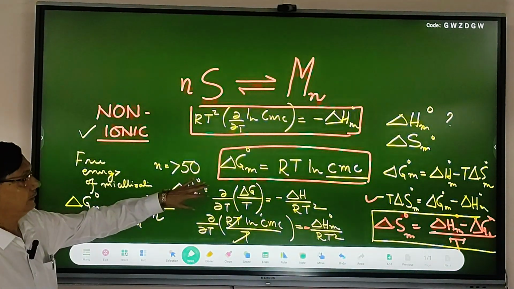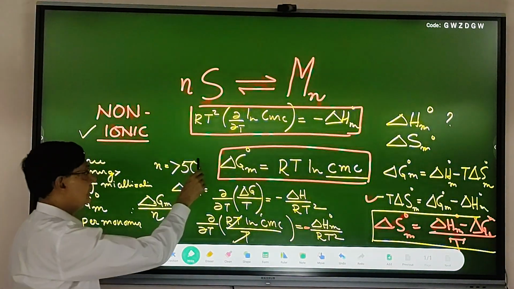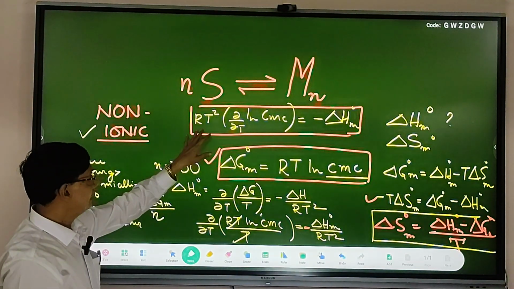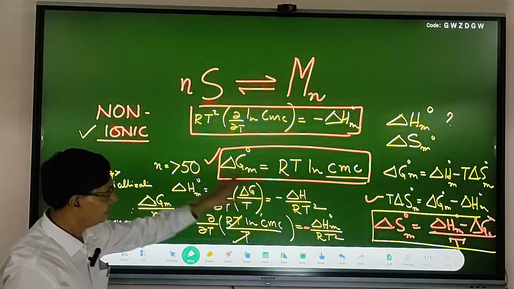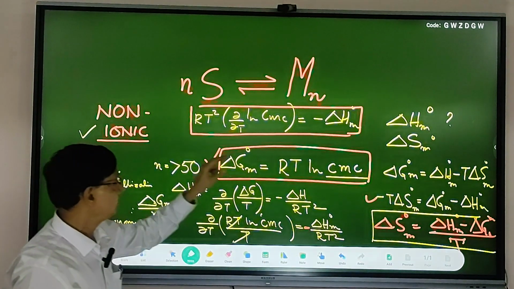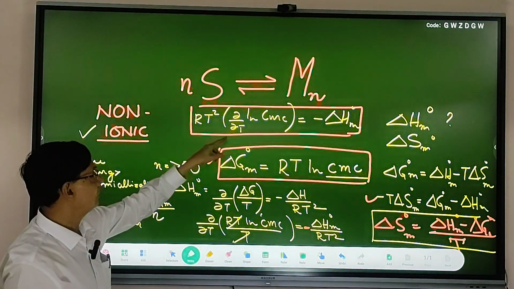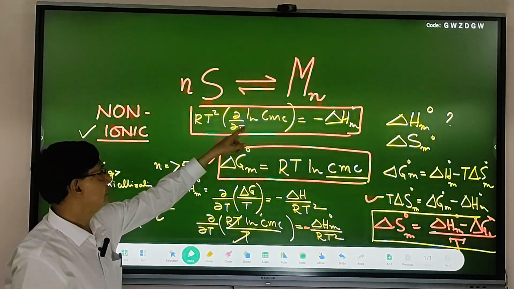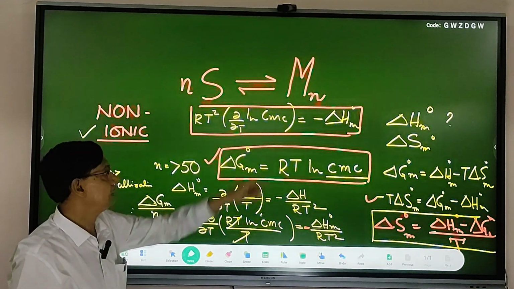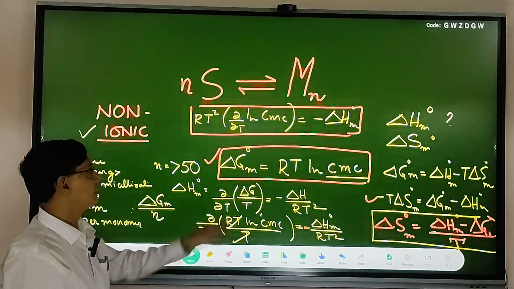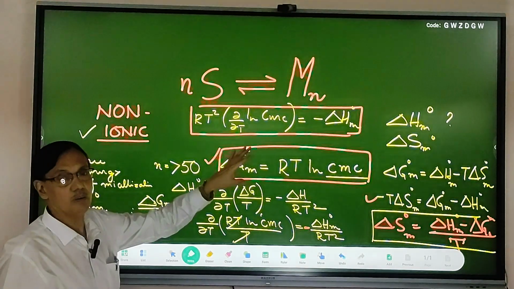So by that method, you can determine first delta G, then delta H, and then delta S. Now one problem is there: how do you calculate this d by dT of log of CMC? It is actually the temperature dependence of the CMC.